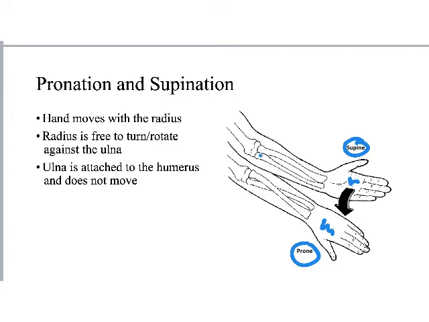So if you look here, see how the bones are parallel to each other during supination. But during pronation, that radius actually twists over top of the ulna, which remains still. So it's really the radius that's moving, rotating. The ulna stays still.